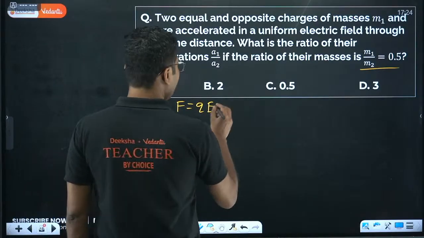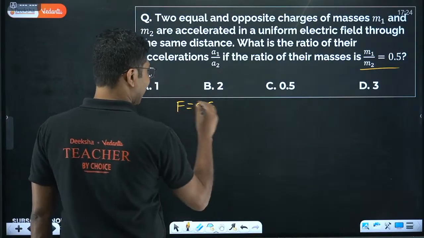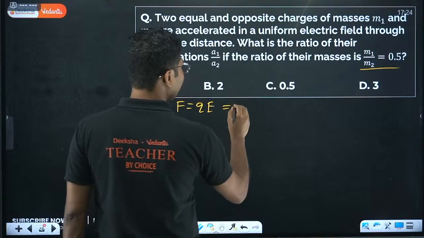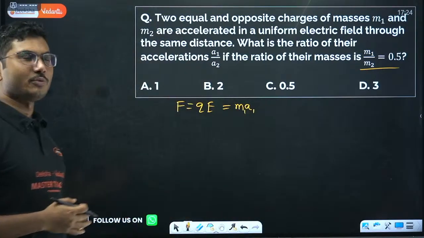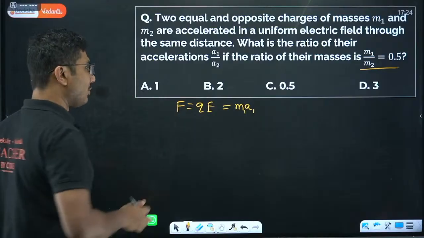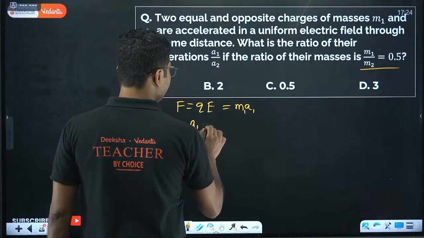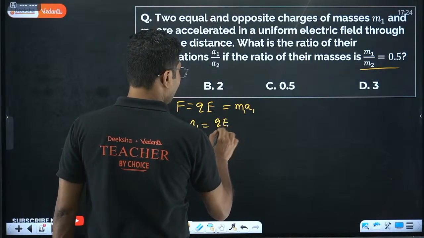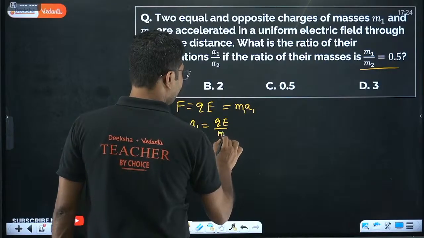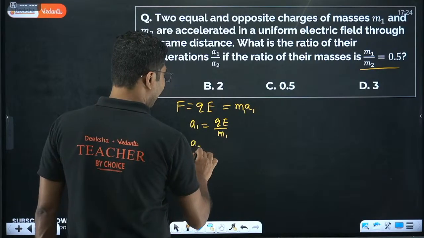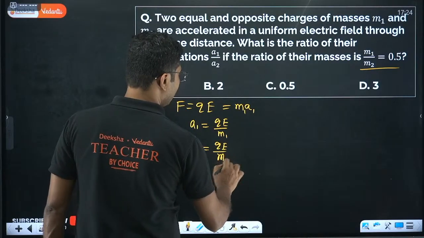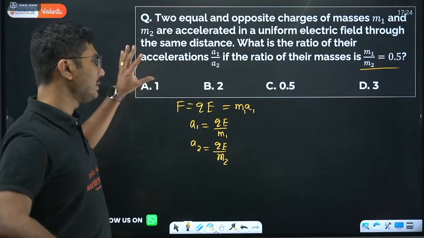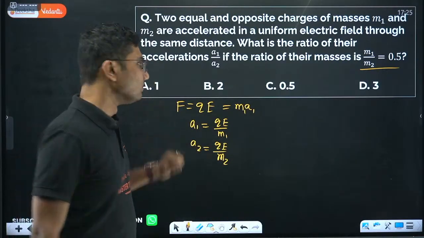From here you can calculate the acceleration, which is F equals ma. So force equals m1 a1, so a1 equals q into E by m1. Similarly, a2 will be q into E by m2. One will be positive, one negative, but magnitude wise it will be the same.